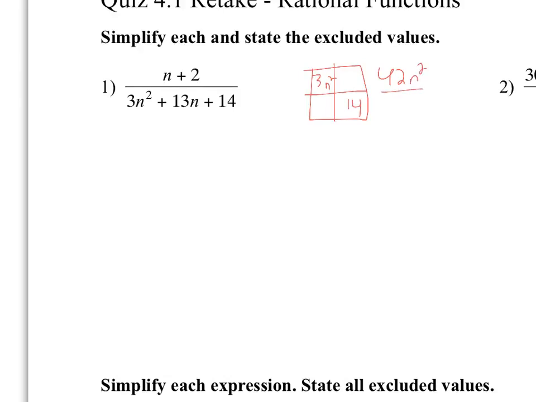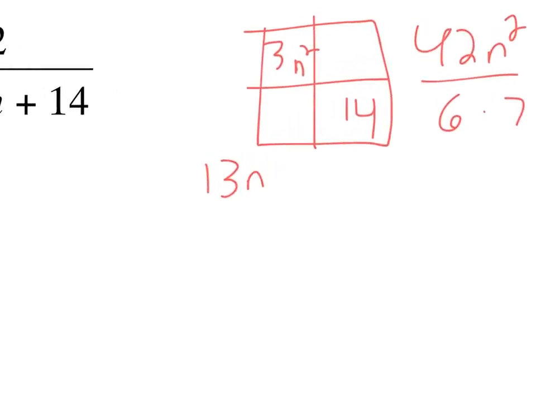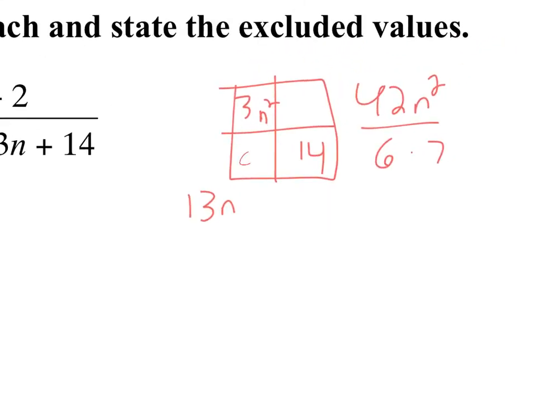I think about things that multiply to 42, and I try a bunch of different stuff, but it turns out that 6 times 7 multiplies to 42, and it also adds to 13n. So let's go ahead and put that in here: 6n and 7n.